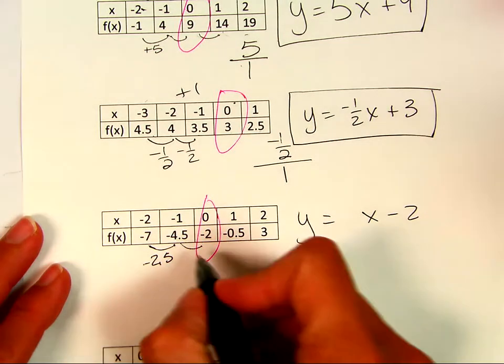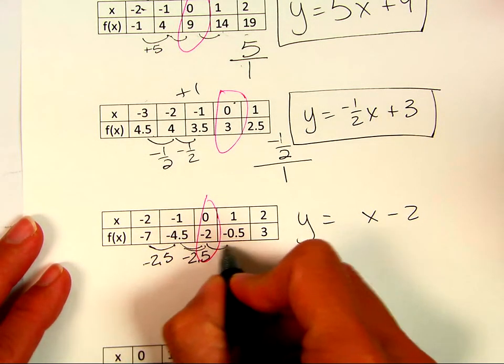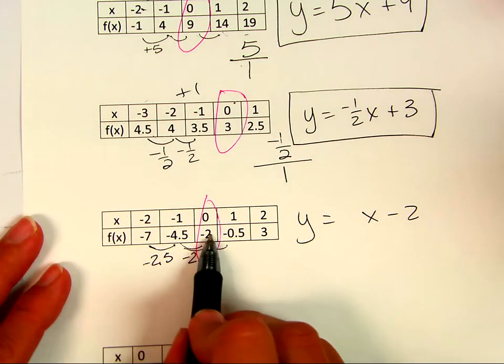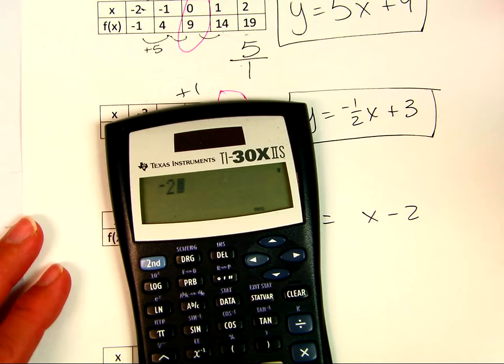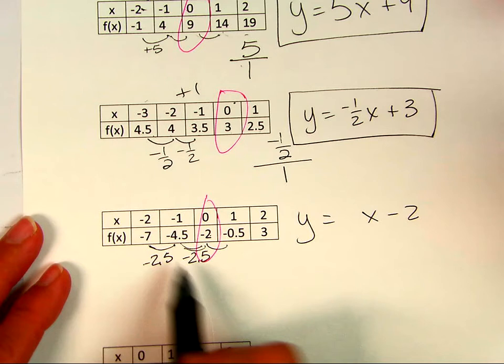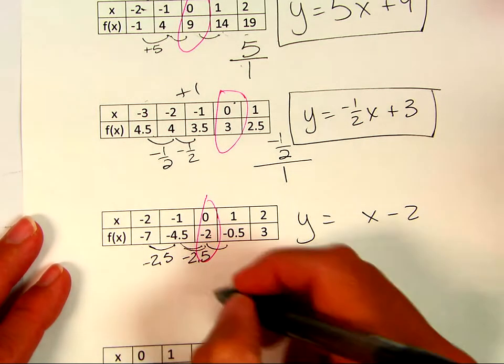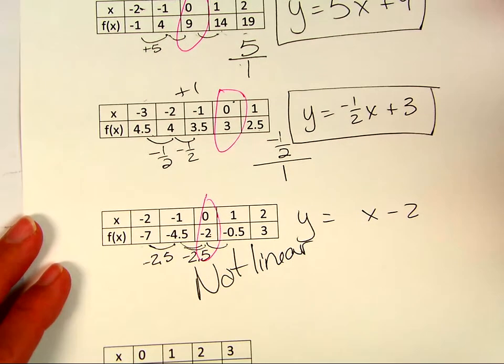So we can see that it's happening there, and you can keep checking. This goes -2 minus -0.5, and you see that's -1.5. That's what I was worried about. So that means this one is not linear. So we're just going to say not linear. Always make sure you check all of them, because if they're not linear, then you can't write a linear equation. That still is the y-intercept, however.